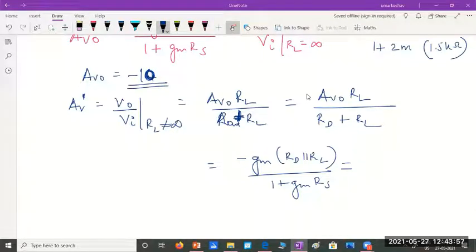No, AVO and AV dash will be different here. Find out this. You can either use this or this. You should be getting the same answer.